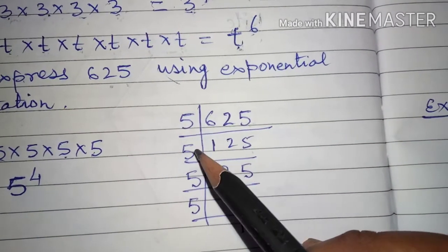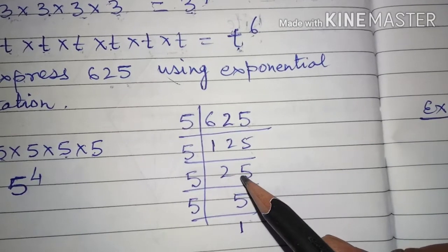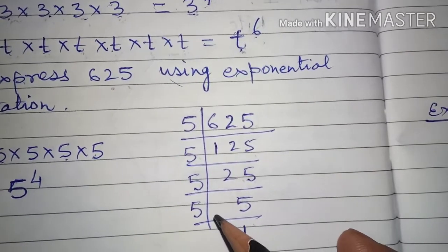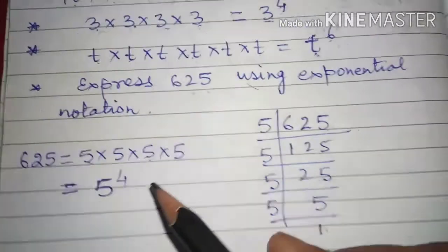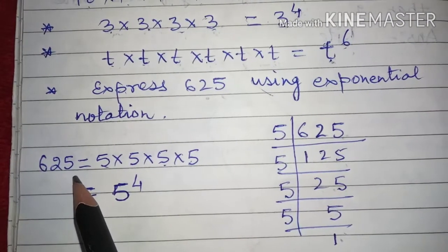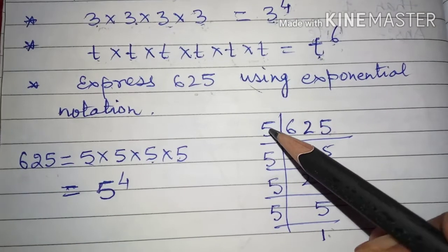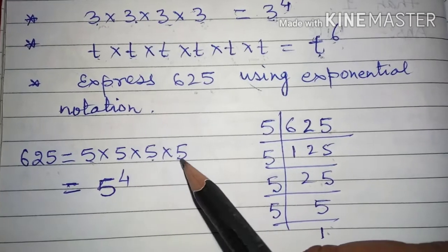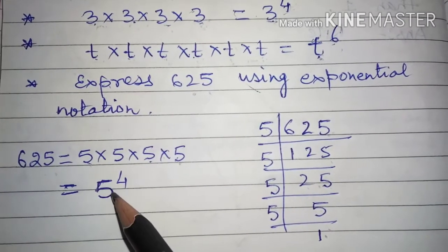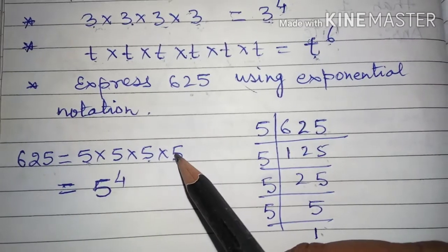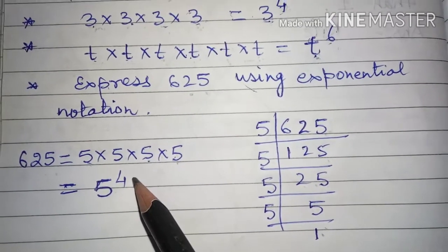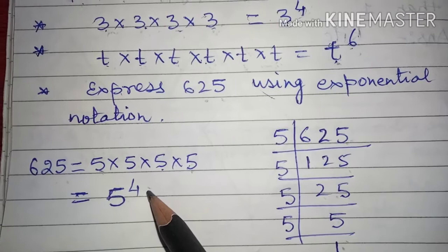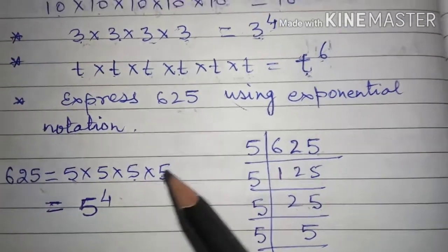Again 125 is divisible by 5, so 25 will come. 25 is divisible by 5, 5 will come. And the number is divisible by itself, so 1 will come. So we can write 625 equal to, how many times is 5 here? 1 2 3 4. So 5 into 5 into 5 into 5. So we write 5 as base, and the number is multiplied 4 times, so 4 will be the exponent. So 5 power 4 is called the exponential form of the number 625.